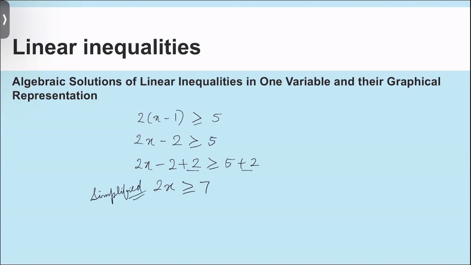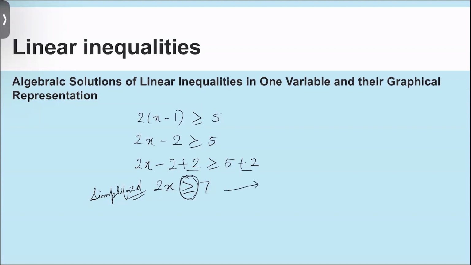The next point that we have seen is that you can multiply or divide by the same non-zero number on both sides of linear inequalities. If it is positive, the sign of inequality does not change, it remains the same. But if you divide or multiply with a negative non-zero number, then the sign will be reversed.